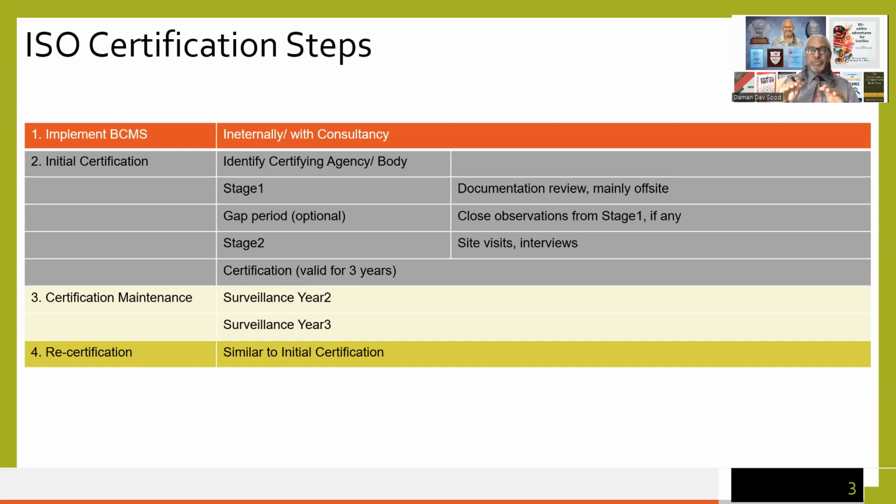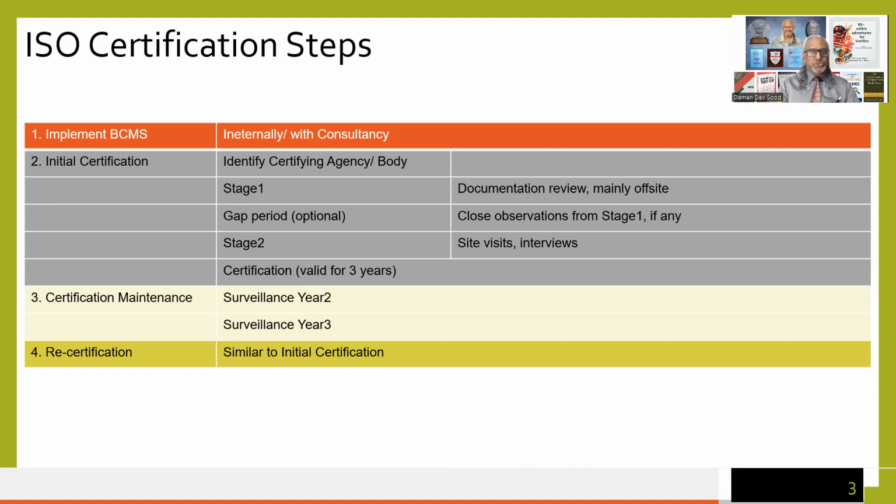But this needs to be maintained, which means, assuming BCMS journey, this needs to continue in the year, even after your certification, and you would be making some improvements.